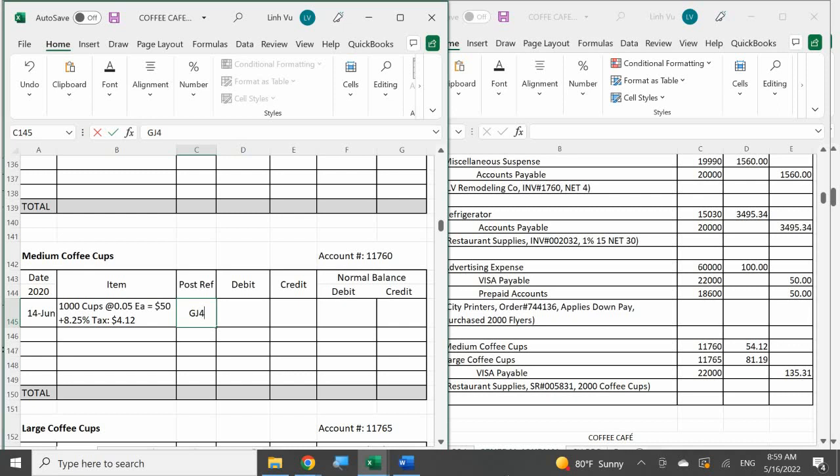Okay. We're still on our 4th page of the journal, on the very bottom of the last page, and we got it for $54.12 for the first 1,000 cups.